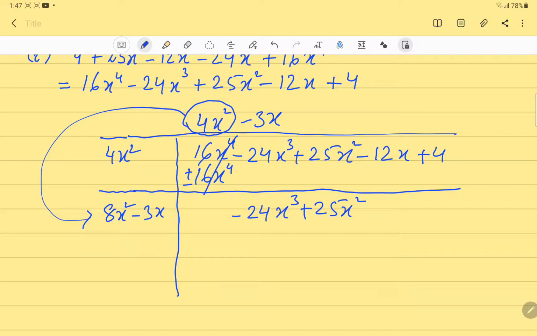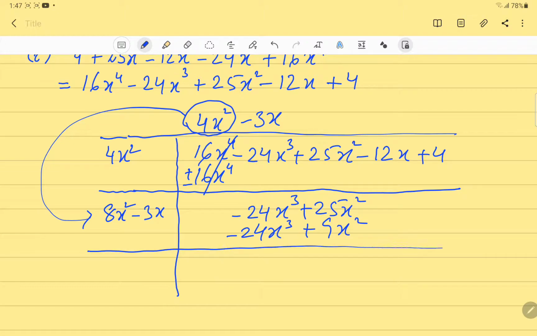So minus 3x into 8x squared will come out to be minus 24x cubed, and minus 3x into minus 3x is plus 9x squared. So we will subtract, minus 24x cubed cancels with plus 24x cubed, and 25x squared minus 9x squared will be 16x squared. We will bring down the next two terms.